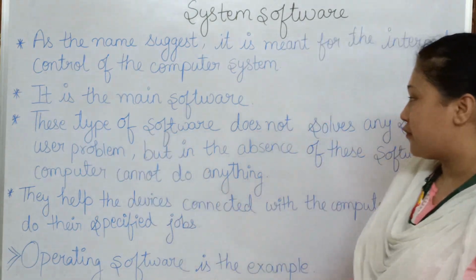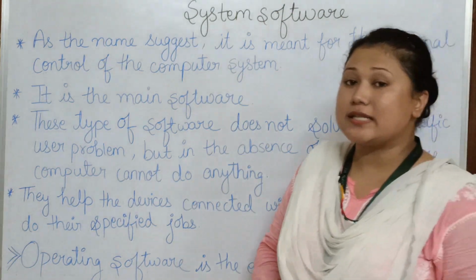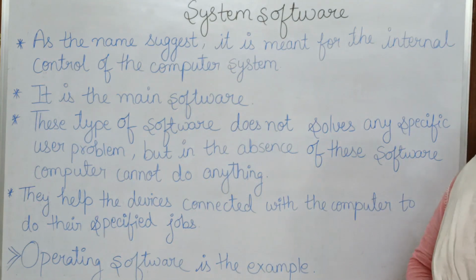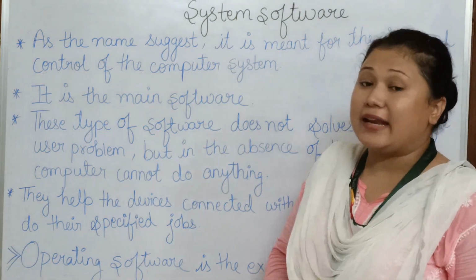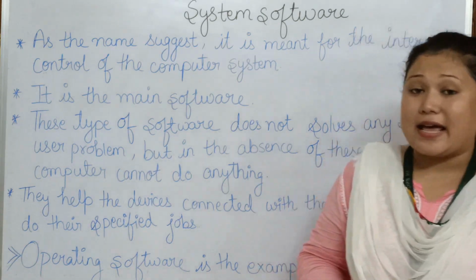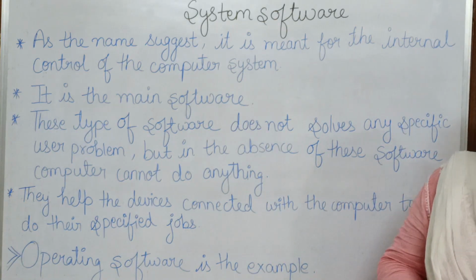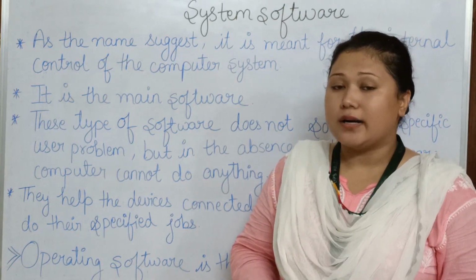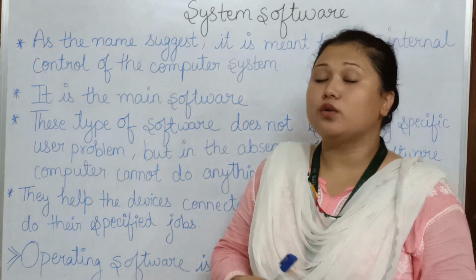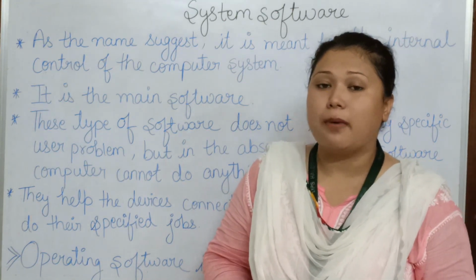This type of software does not solve any specific user's problem, but in its absence the computer cannot perform any task. As I already told you, it is the main software. If it is not installed in our computer system, the computer is useless. It cannot perform any task or any instruction given by the users.